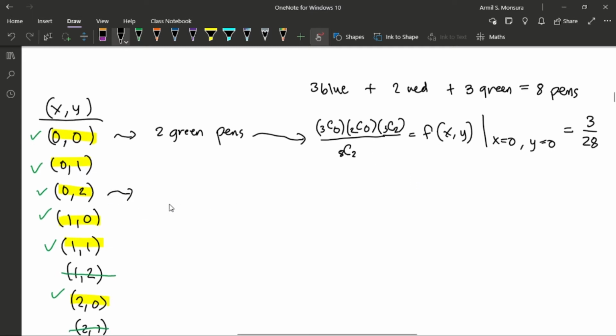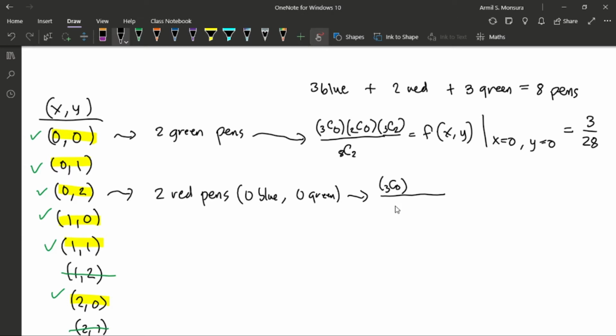Okay, in this case, this now tells us that we are able to choose two red pens. So that means 0 blue and 0 green. Okay, so following the argument here, that probability can be computed by using the expression 3 combination 0.